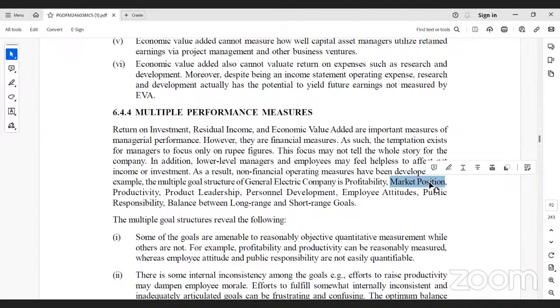These are also very important in measuring investments and performance. Profit is not the only criterion to measure performance. Various factors also play a very important role in measuring investment center performance, right?